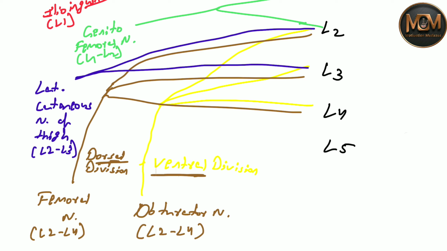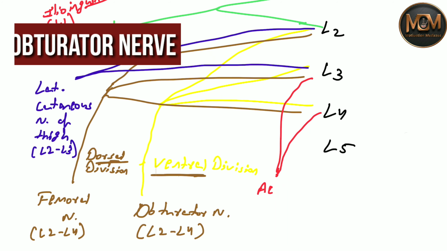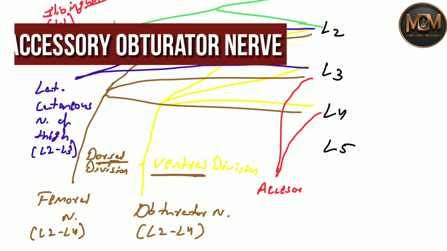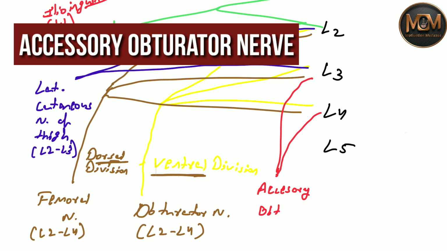From L3 and L4, you can see from L2, L3, L4, from the ventral division there is the obturator nerve. From L3 and L4 there is a nerve called the accessory obturator nerve.